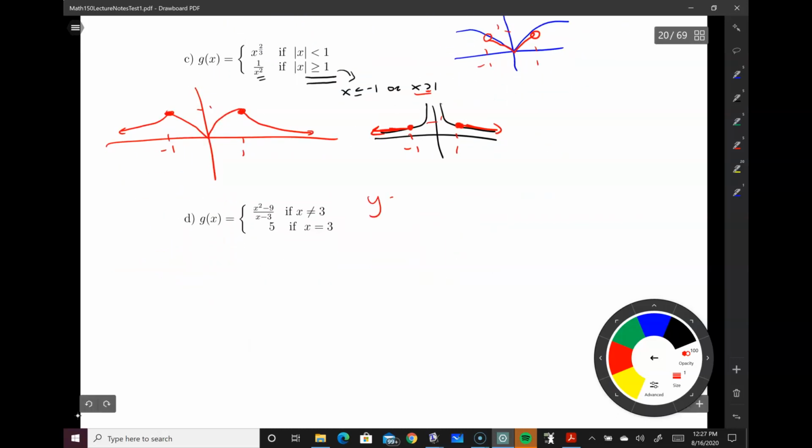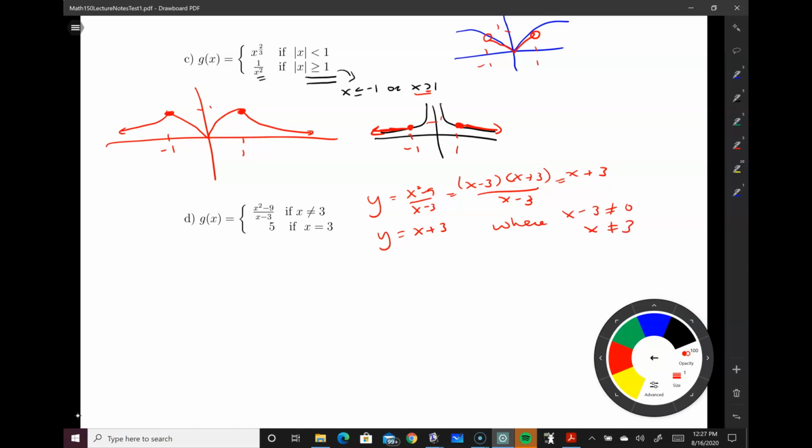All right, so this y equal x squared minus 9 over x minus 3 is the same thing. Let's cancel the x minus 3's, so I'm left with just x plus 3. So I've got the line y equal x plus 3, where x minus 3 cannot equal 0, so that means x cannot equal 3. So if I'm to draw this line where 3 is the y-intercept, right?